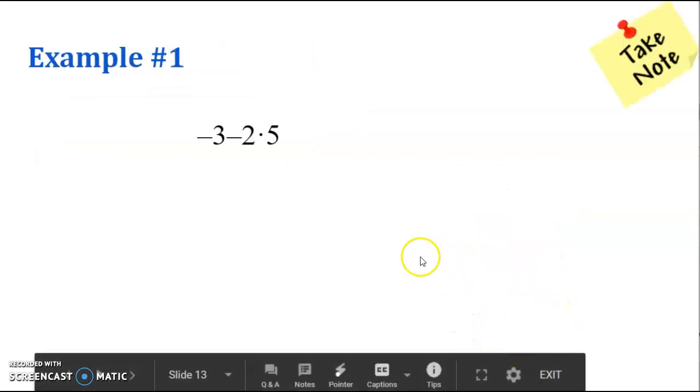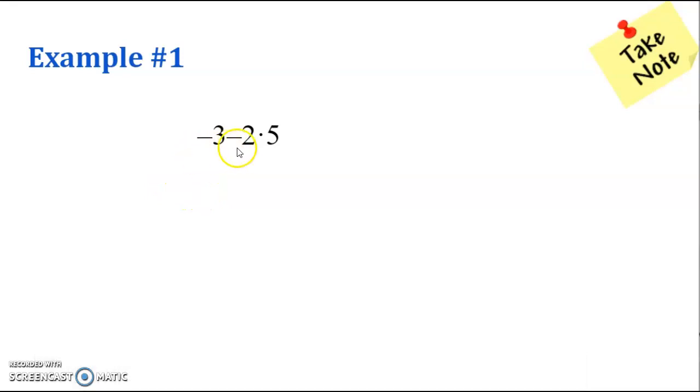Okay, so let's do some examples. So please take notes. If you have -3 minus 2 times 5, that's a multiplication symbol, right? So -3 minus 2 multiplied by 5. I see a lot of negative signs here. Those negative signs could be interpreted as a negative number, or as a subtraction operation. So which is it?